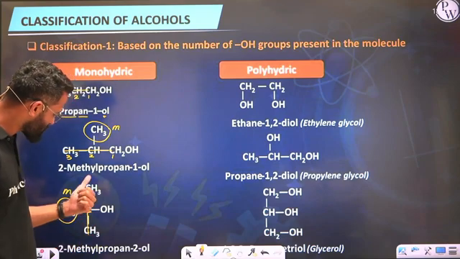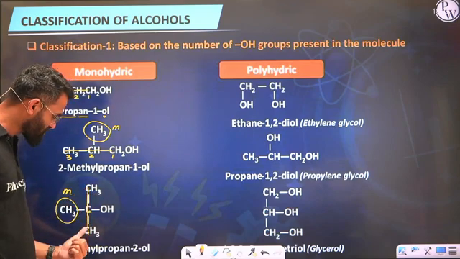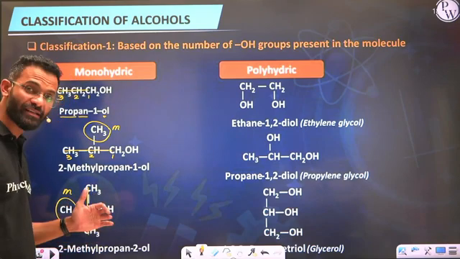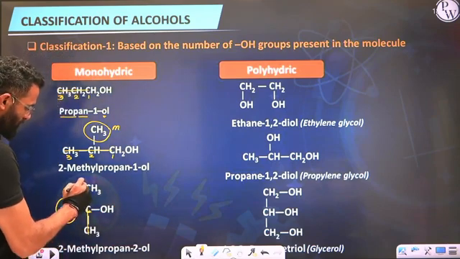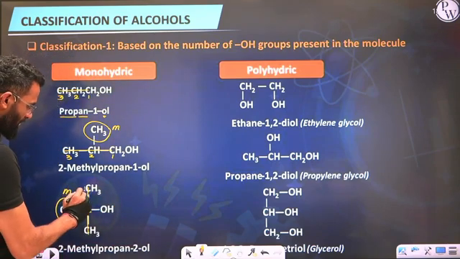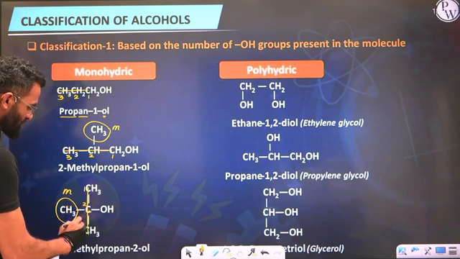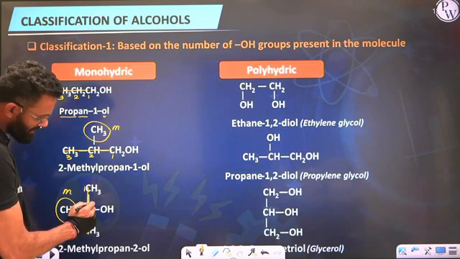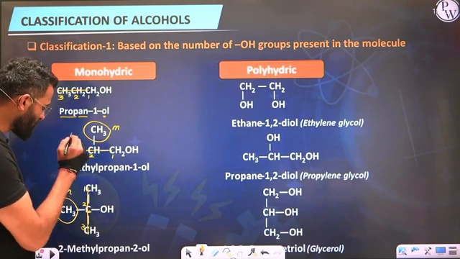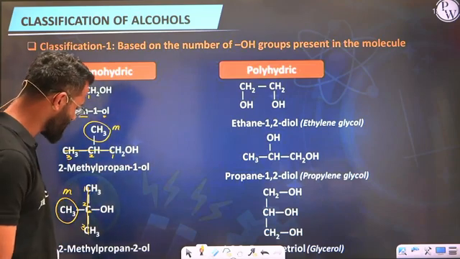Now, once you have selected the longest continuous chain, you have to ensure that the carbon carrying the functional group receives the lowest possible number. So either you can go top to bottom or bottom to top. Anyways, functional group OH is getting attached to the carbon which is number 2. Hence, numbering from top to bottom or bottom to top is going to give you the same answer.